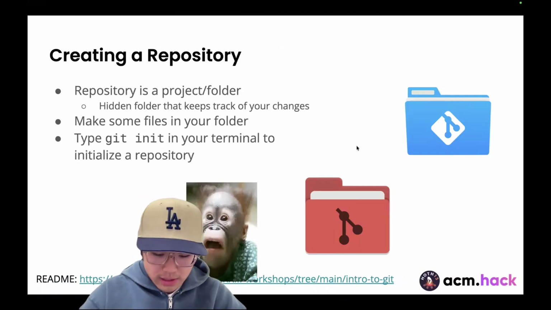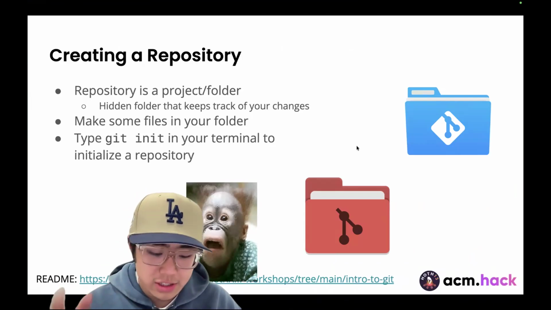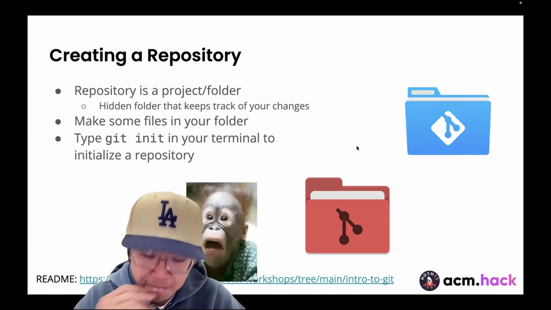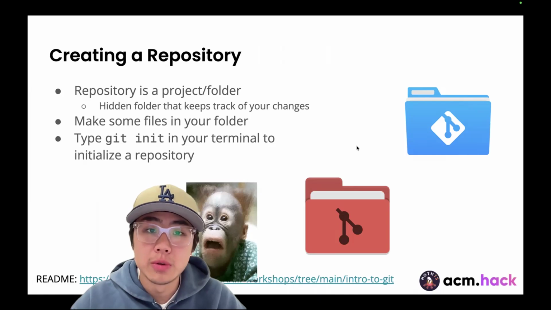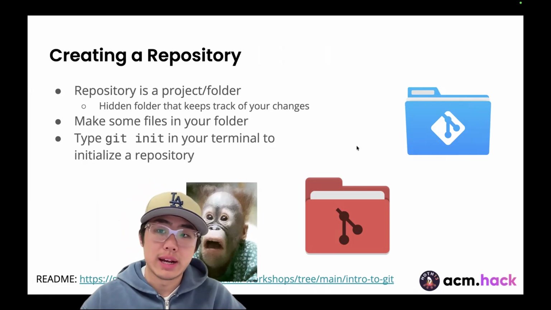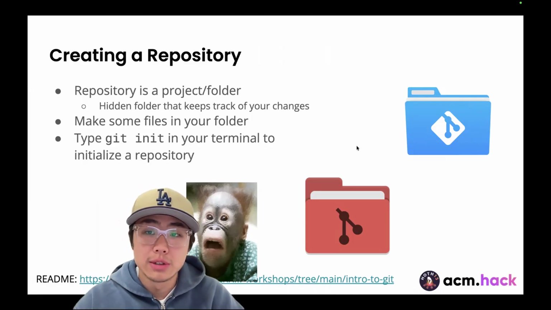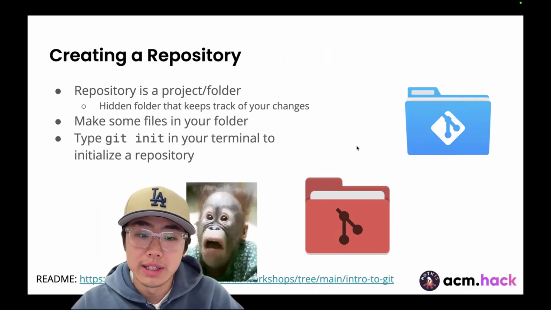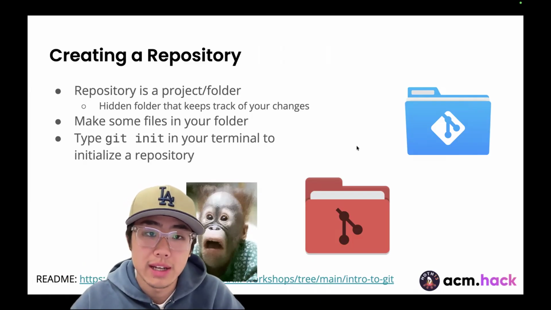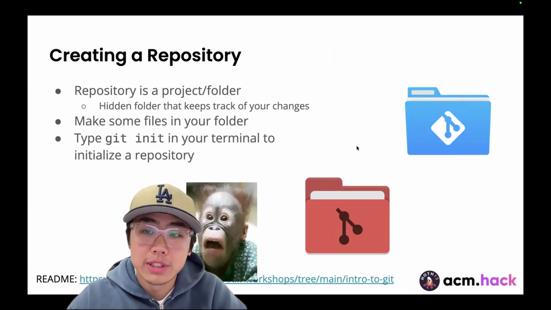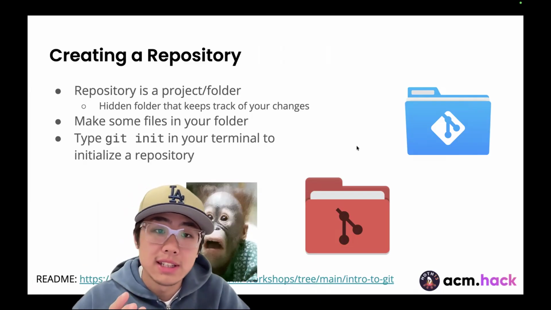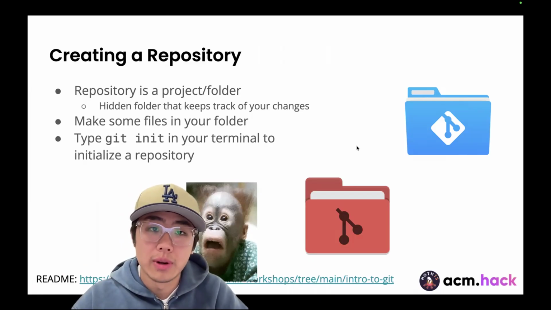So now we're going to talk about how to actually use Git. The first thing we want to do is remember how I said Git is a way to track your history, right? So the first thing we have to do is make a project in the first place so we can have history to track, right? So that brings us to creating a repository. A repository is like a project or a folder, right?